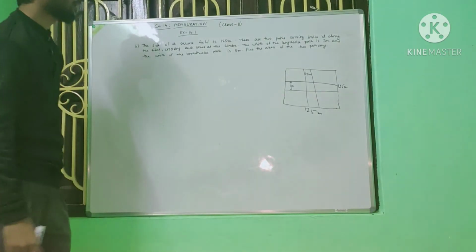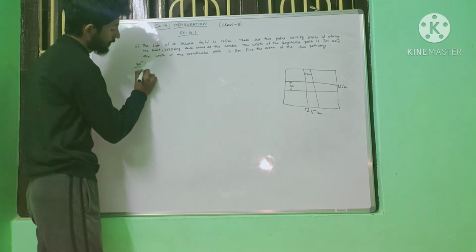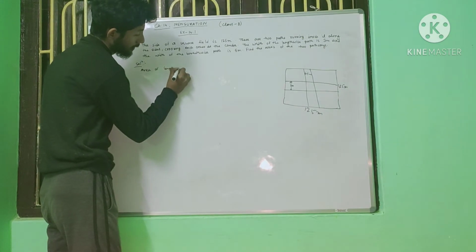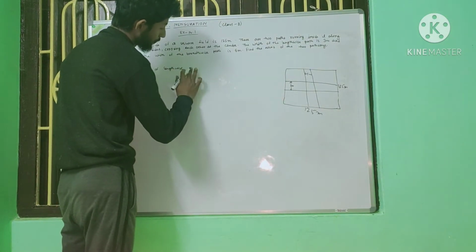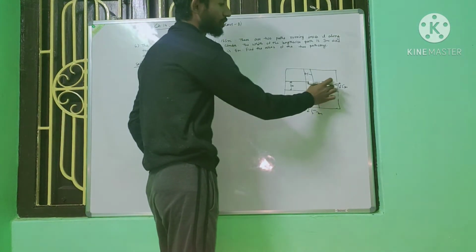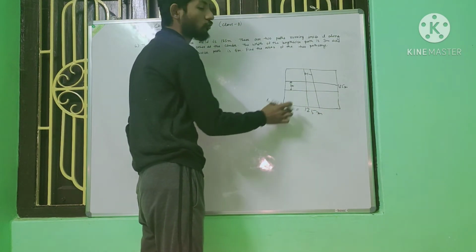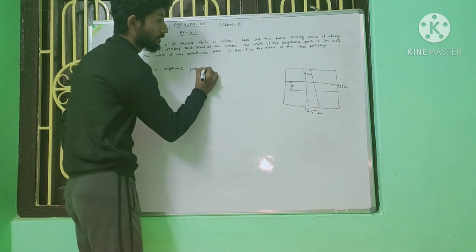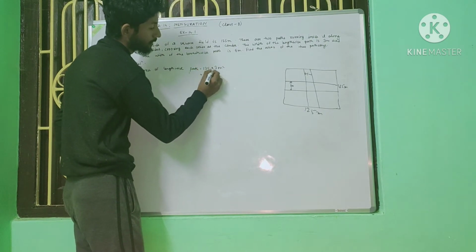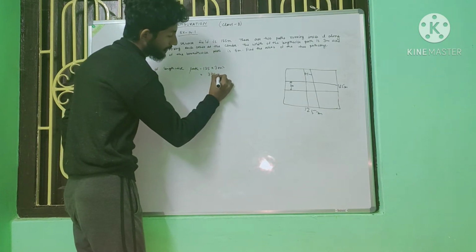So for the area of lengthwise path, if you see this portion, the length is 125 and the breadth will be 3 meters. So here 125 into 3 meter square, which means 375 meter square.